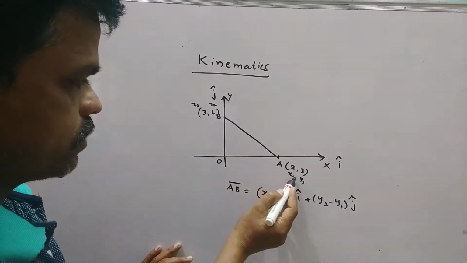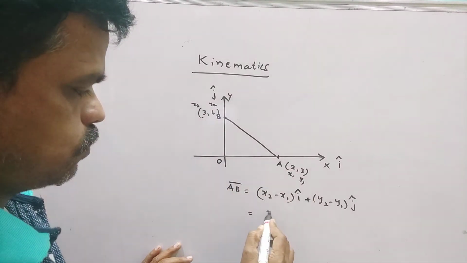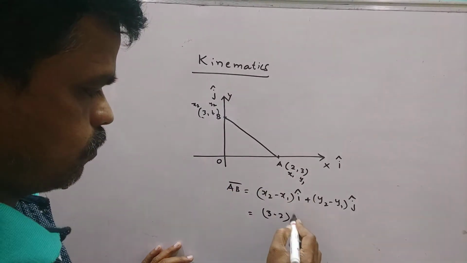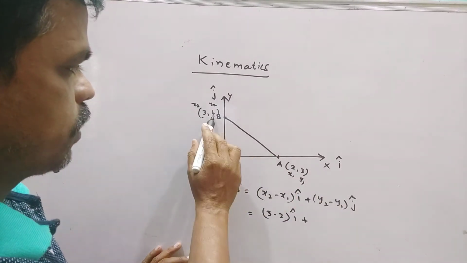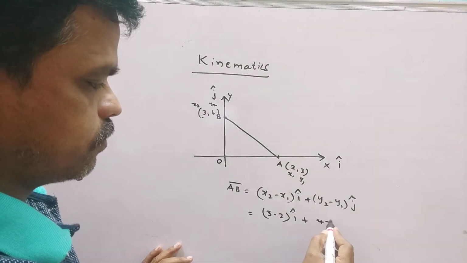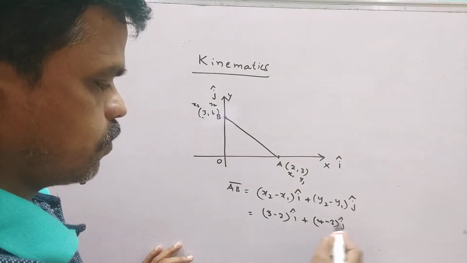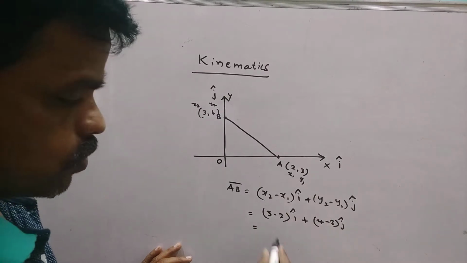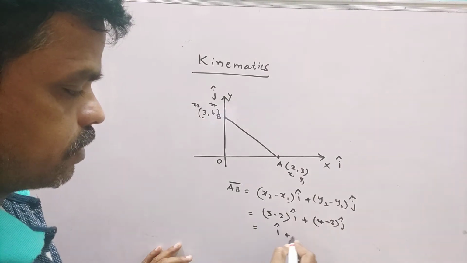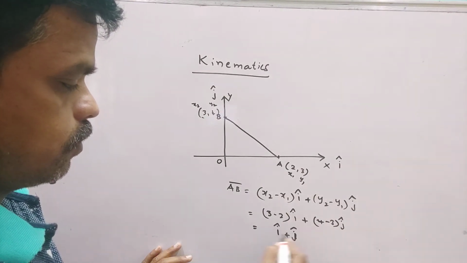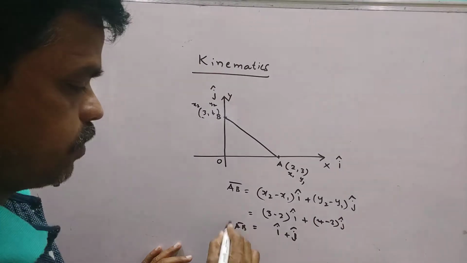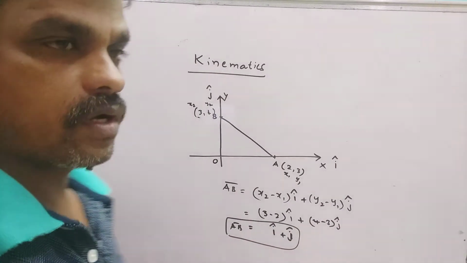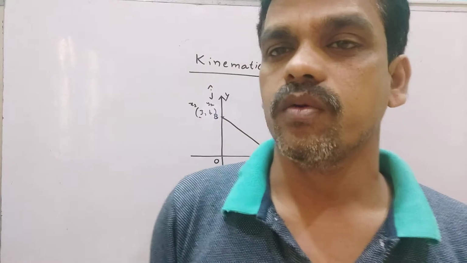Here x2 minus x1 is 3 minus 2, y2 minus y1 is 4 minus 3, j cap. So the vector AB equals i plus j.